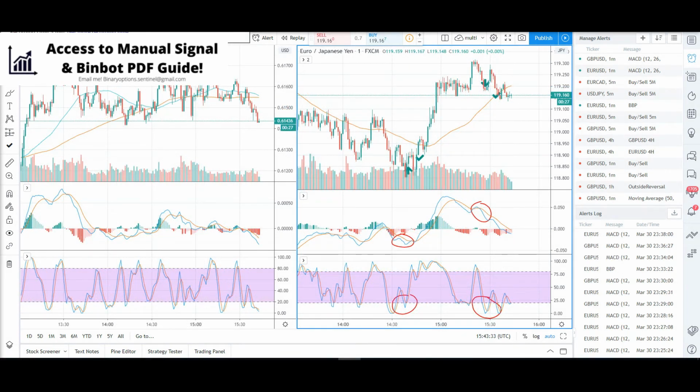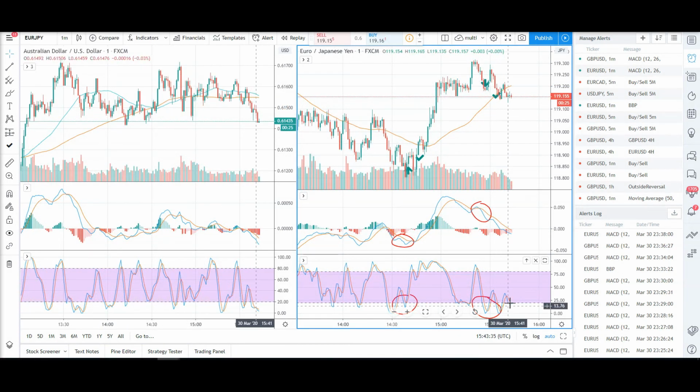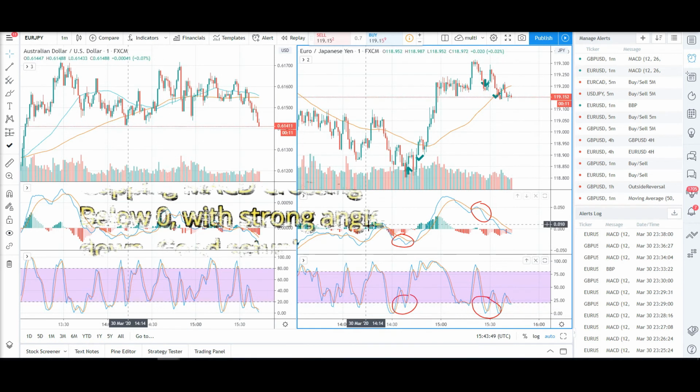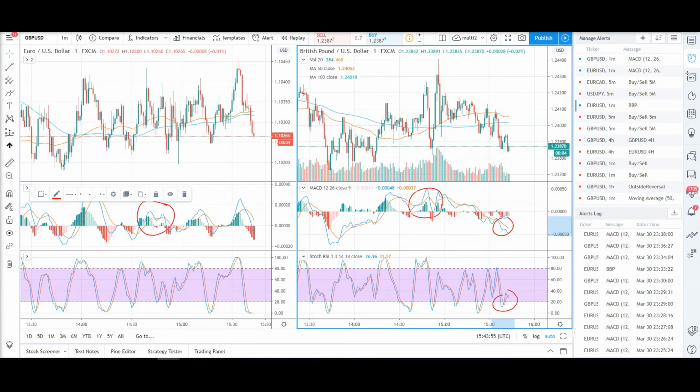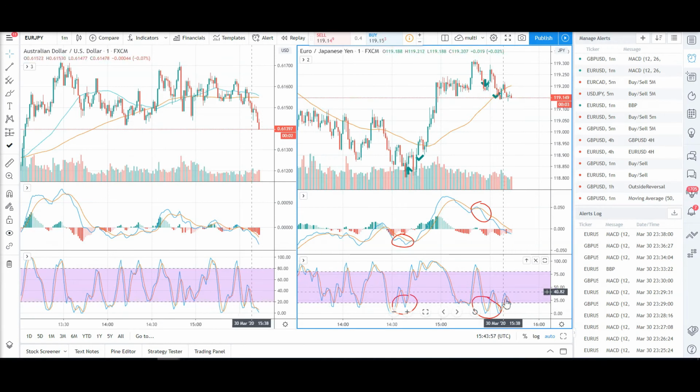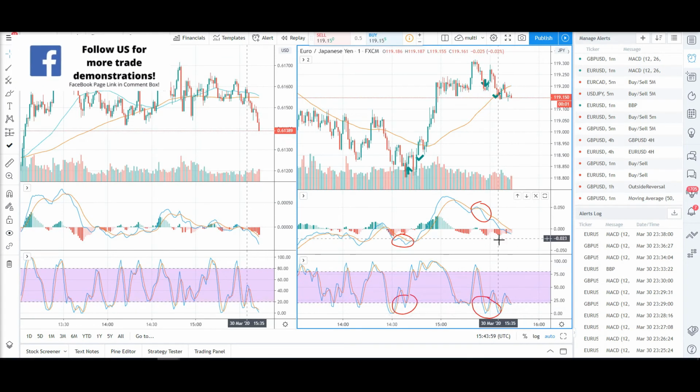So right now we have a situation with the Euro JPY. The blue line is crossing below 20 and there is an obvious gap in the MACD line. However, the MACD line is crossing below 0, so it's more like a continuing downward momentum. So most likely I'm going to attempt this trade since the MACD is below 0.